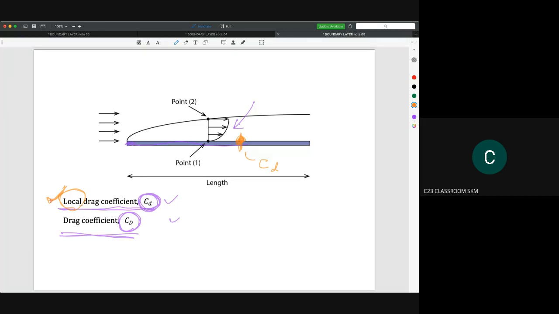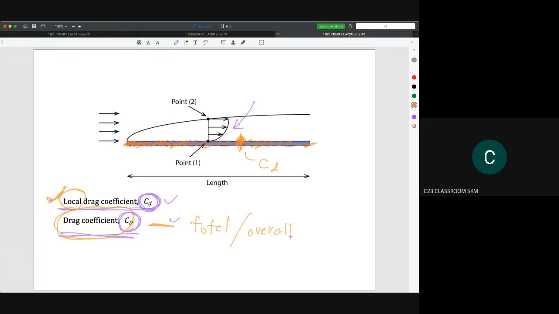What is the meaning of the drag coefficient here? The drag coefficient refers to the total drag coefficient from the beginning until the end of the plate. It is the total, the overall one.